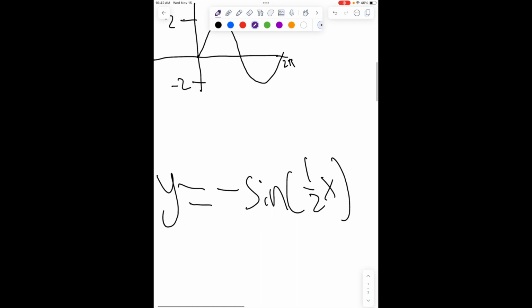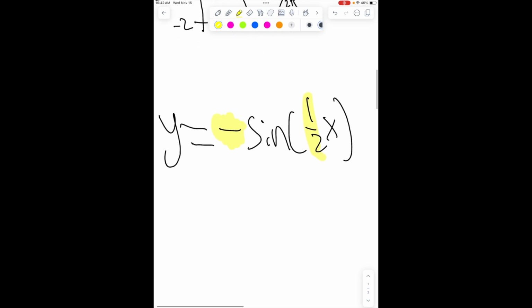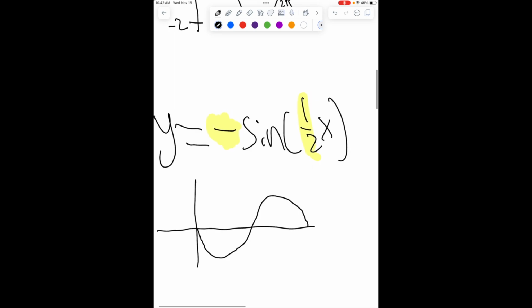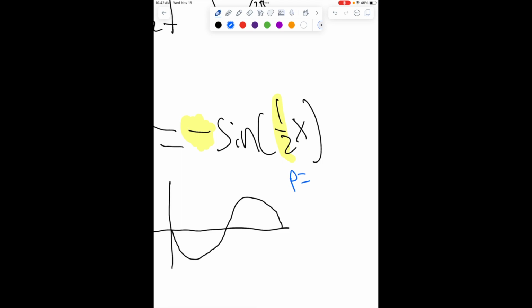So here, again, I see that I'm flipping it, and I am going to change the period to 1/2. So as I think about drawing my graph, because it's sine, I'm going to start at 0. It's negative, so I'm going to go down first and then up. Now I'm going to do my little side work where, again, p equals 2 pi over b.